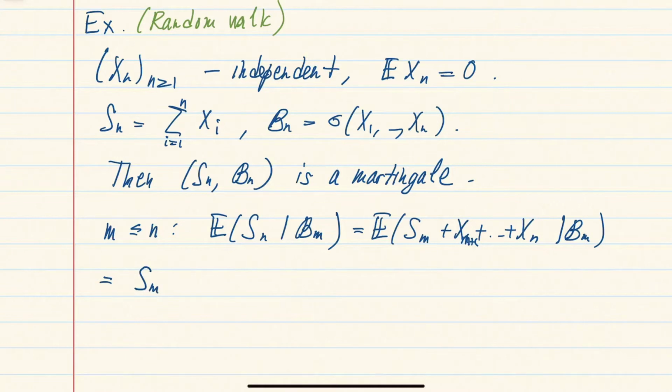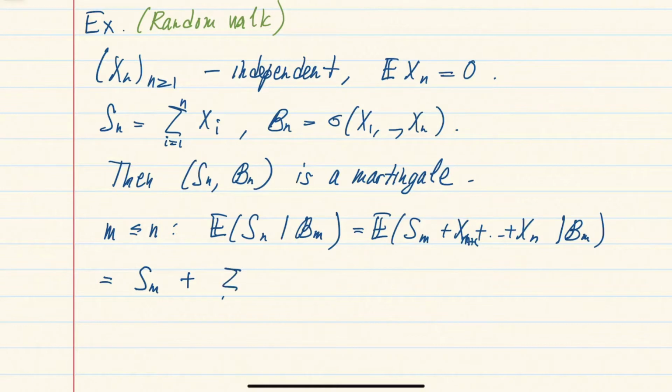And then, because the Xi's for i starting from m plus 1 are independent of the Xi's which generate Bm, we also have this property that when you have independence, the conditional expectation is just equal to the expectation.